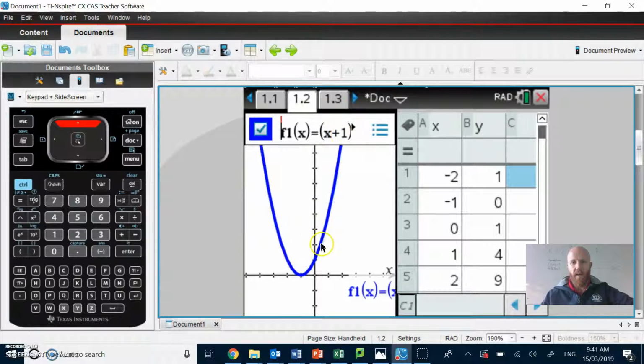So by adding 1, it makes the graph move 1 in the negative direction. Whatever happens in here with the algebra, the opposite happens on the graph. It moves backwards. So that's why when we're looking for turning points, what was 0, 0 is now moved to -1. Whatever's in that bracket, we see the opposite on the graph. That turning point that was at 0, 0 has moved.